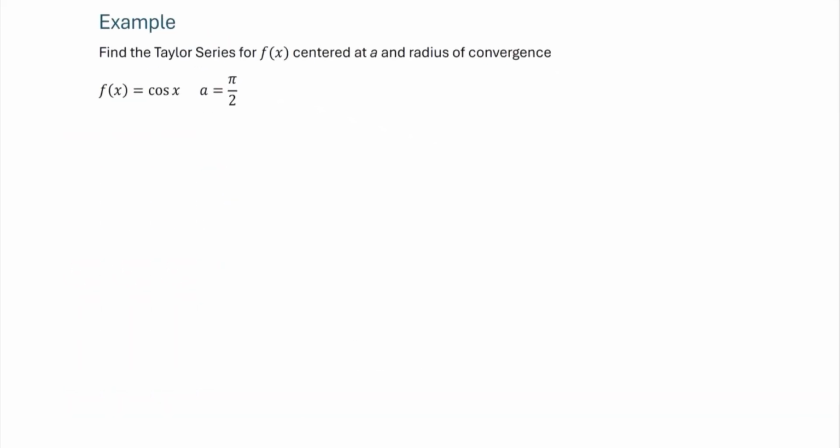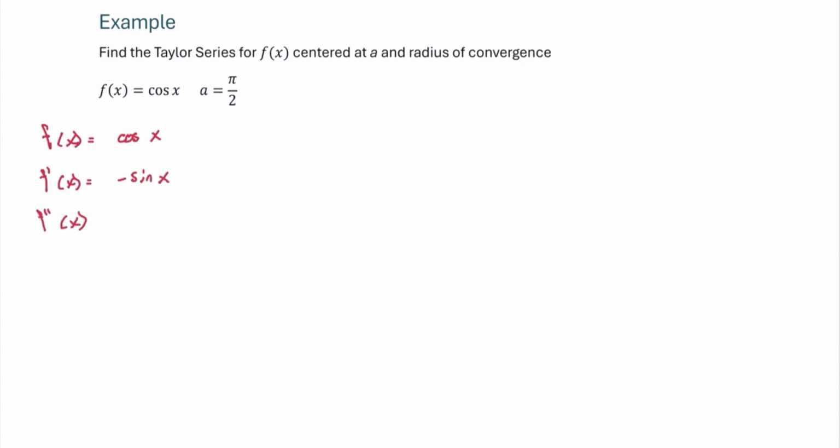In this example, we again want to find the Taylor series for f centered at pi halves, and we'll find the radius of convergence. Let's start by listing out some derivatives. F is cosine x. F prime would be negative sine x.